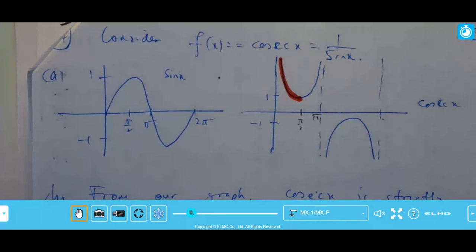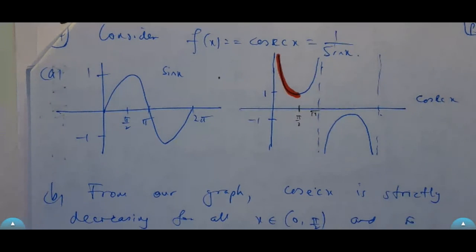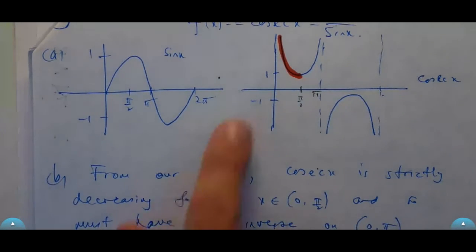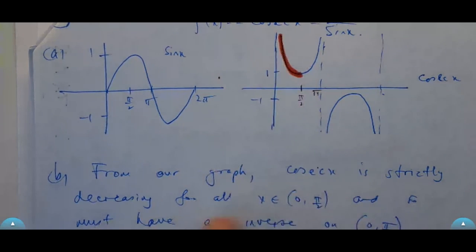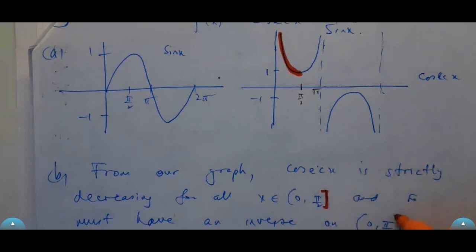Okay, that might be a bit better. For the second part, I said, right, from the graph you can definitely tell that the function's a decreasing function, and it must have an inverse on that interval. Let me just double check that. It probably should be closed.